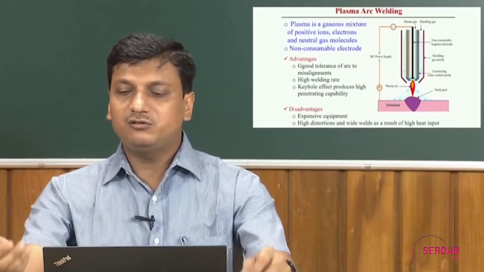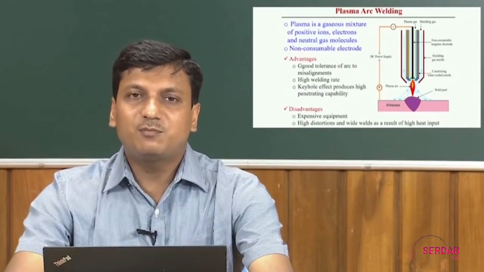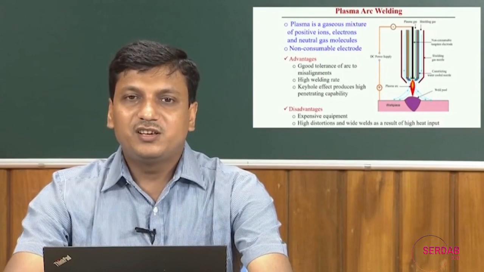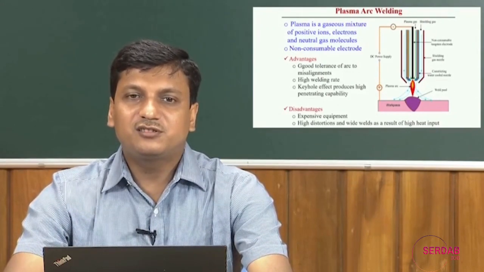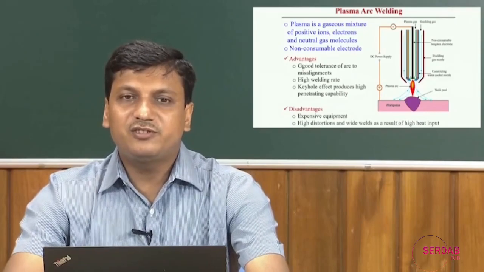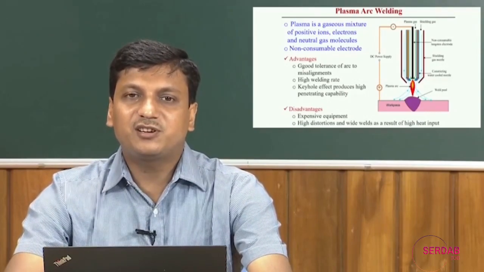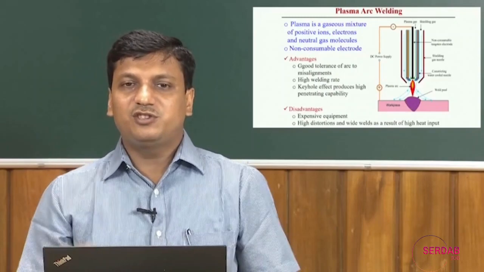Now, we look at another arc welding process, that is called the plasma arc welding process. Here, if you see, the plasma arc welding process always tries to take advantage of the gas tungsten arc welding process, with an almost similar configuration.